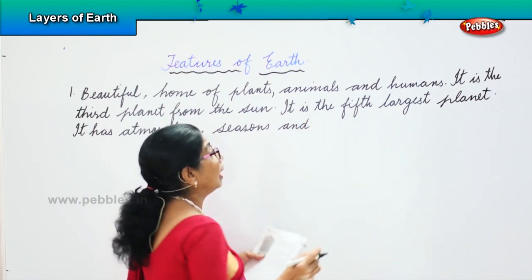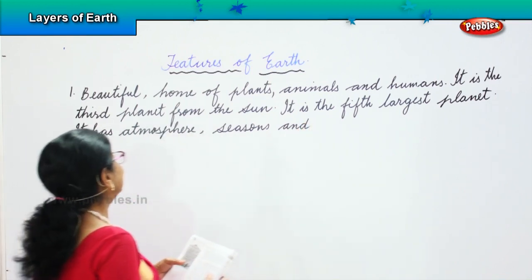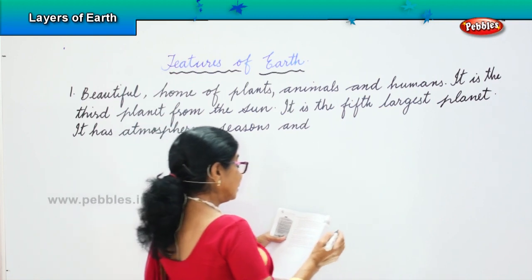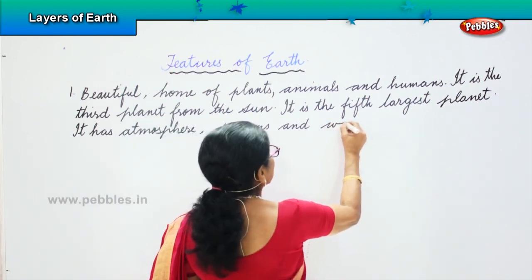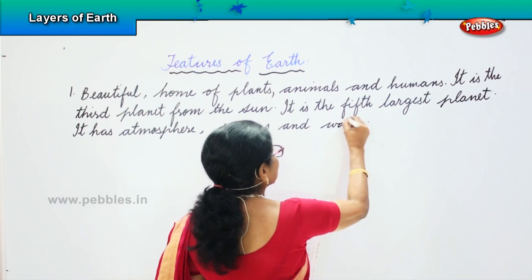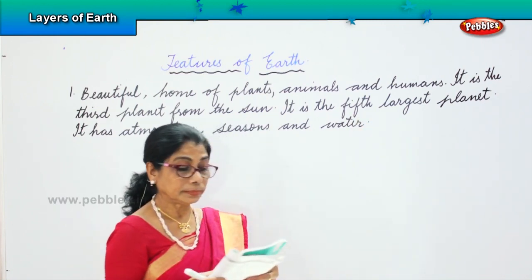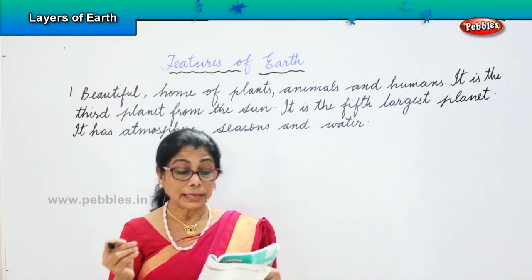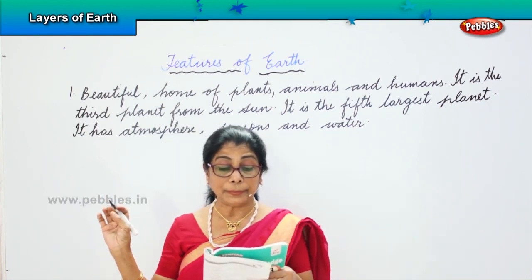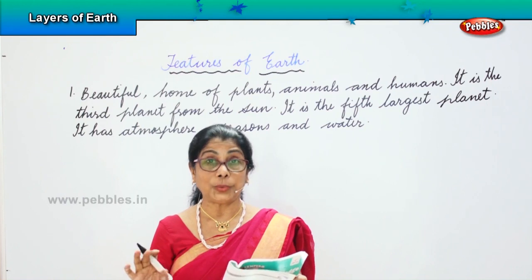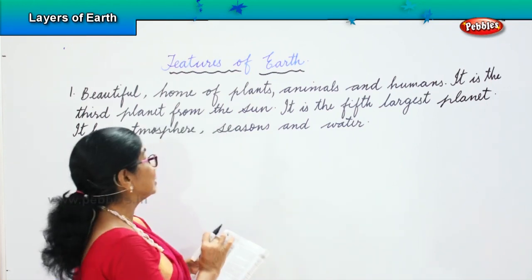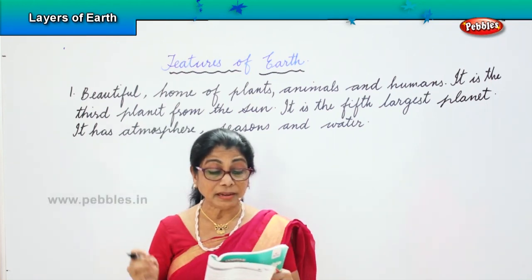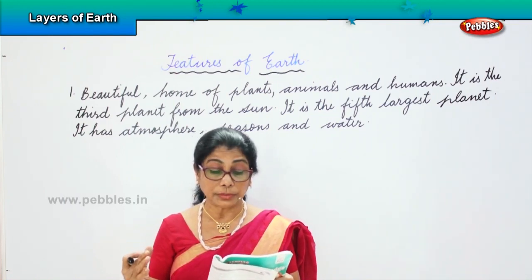It is the fifth largest planet and it has atmosphere, seasons, and water. The Earth combines all these elements just in the right way. The atmosphere, the seasons, and water, we have it in the right amount.